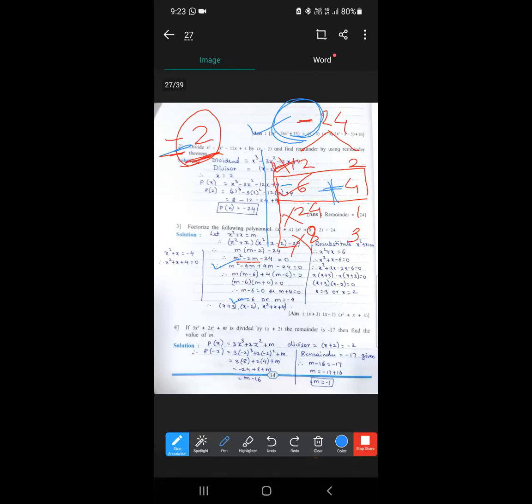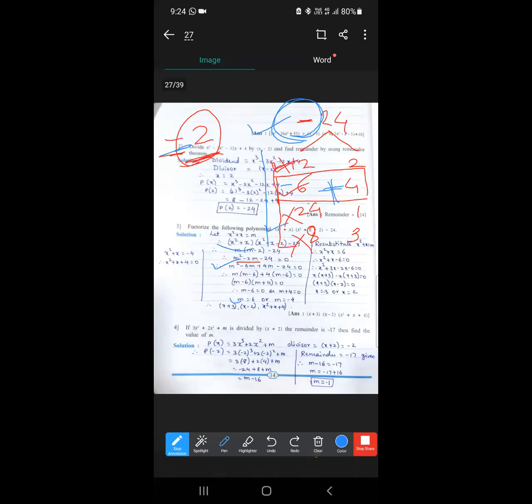Now we have got the factors, 6 and -4. These are the values of m. And we know that our main question is in the variable x. So we will re-substitute the m, whatever we have substituted.